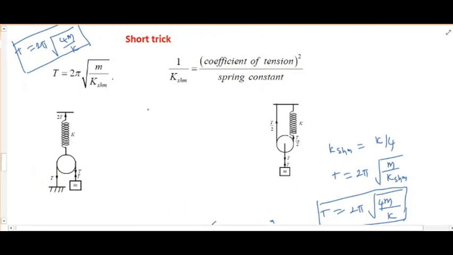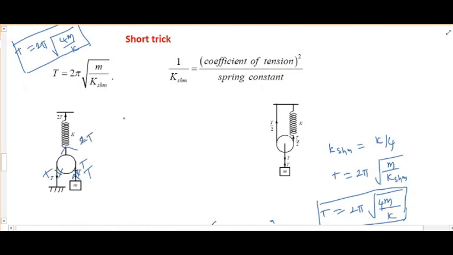By using the short trick, here is the block. In this string, tension T upwards and also tension T downwards. Here also tension T. This is in equilibrium. Therefore, here tension 2T.